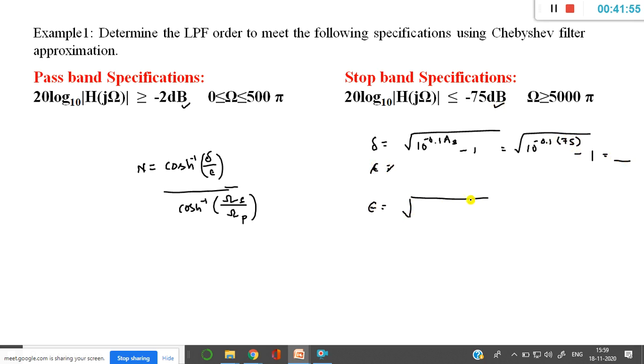Find this value and calculate the value of epsilon. Epsilon is again the square root of 10 to the power of minus 0.1 ap, minus 1. What is the passband attenuation? That is 0.1 into minus 2, minus 1. Let me know the value of these two, delta value and epsilon value.